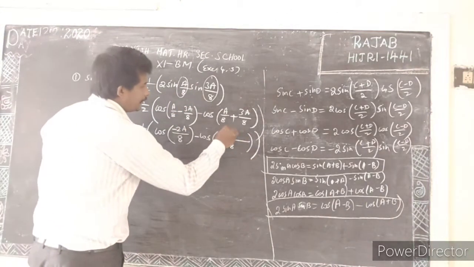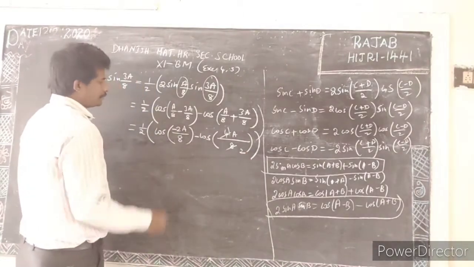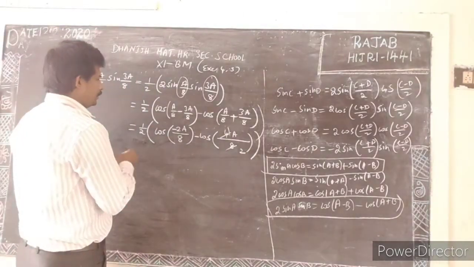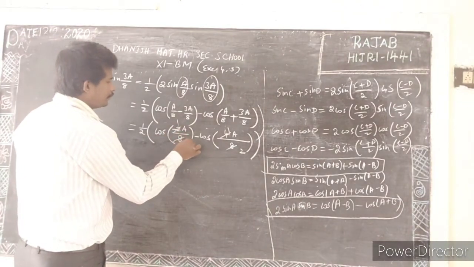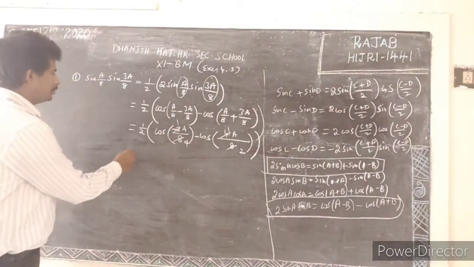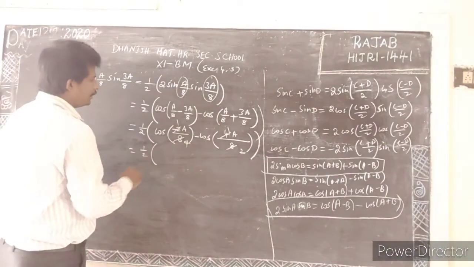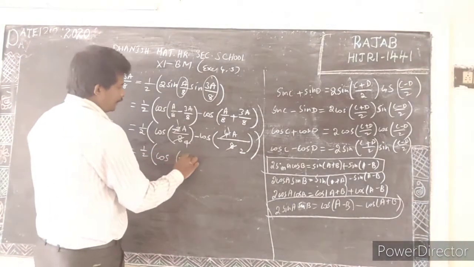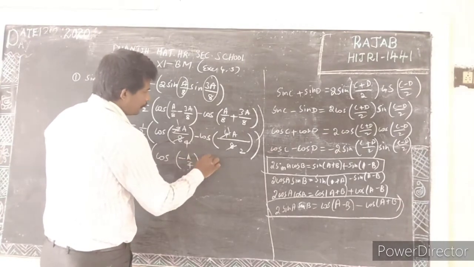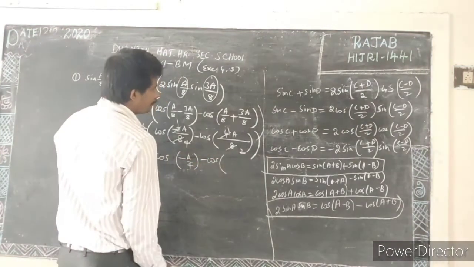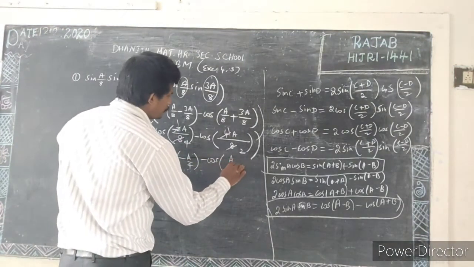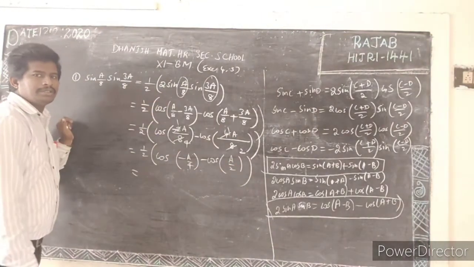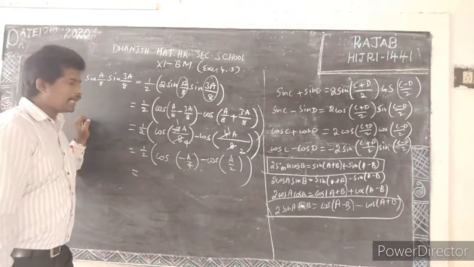Now 1 times 2 times, here 1 times 4 times. So this is equal to 1 by 2 into cos of minus a by 4 minus cos of a by 2. We already know the result, cos of minus theta equal to cos theta.